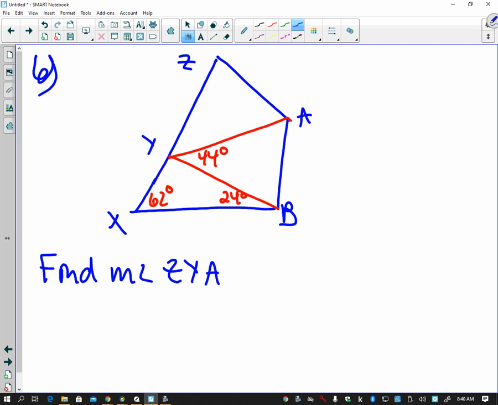So the first thing that I would do when looking at this is I would try to identify what angle I'm working with. Okay? Z, Y, A. I want to know what that guy is right there. Any thoughts? Where to start?